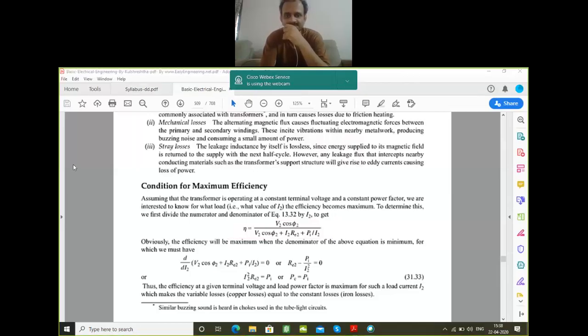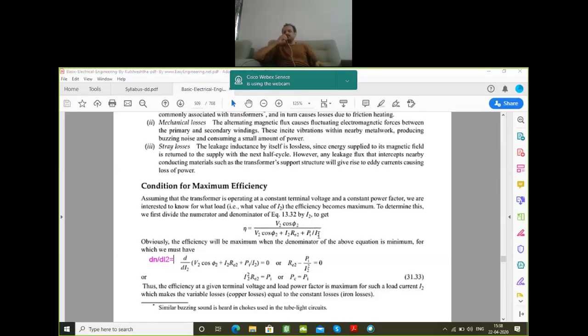d eta divided by d I2 is equal to d by d I2 of V2 I2 cos phi. This denominator should be minimum.